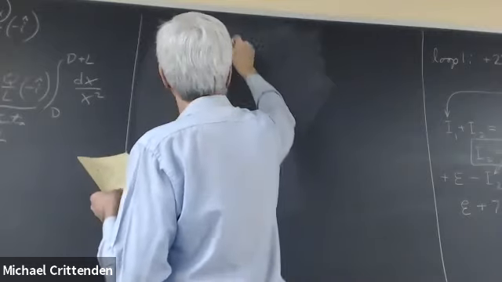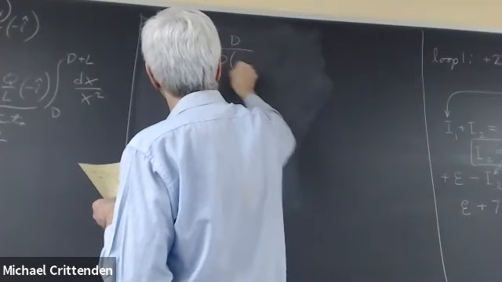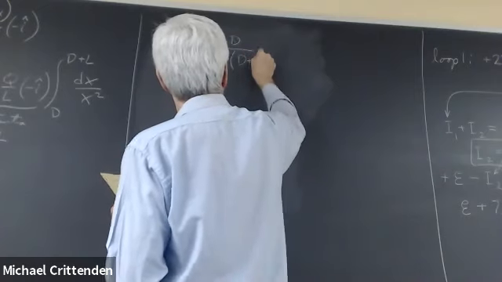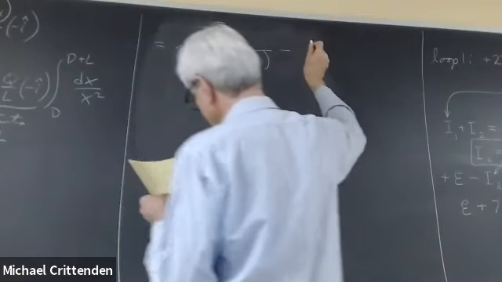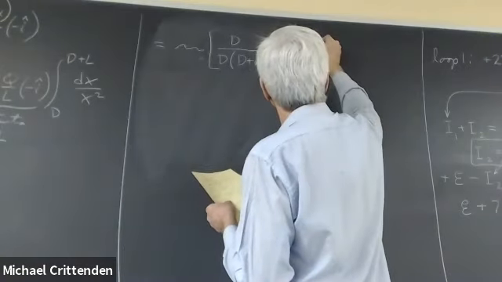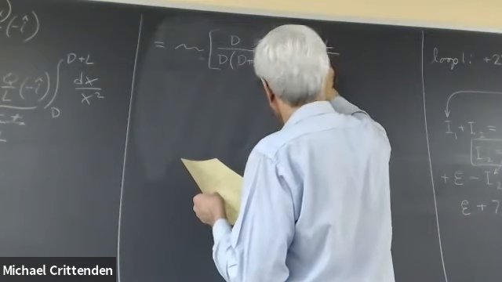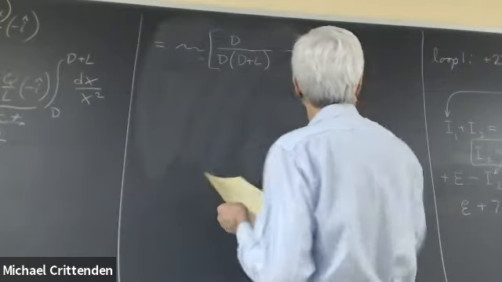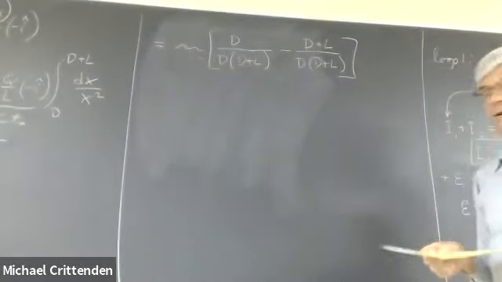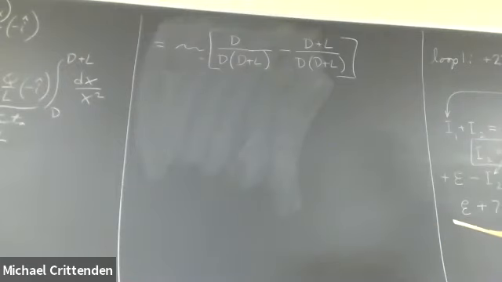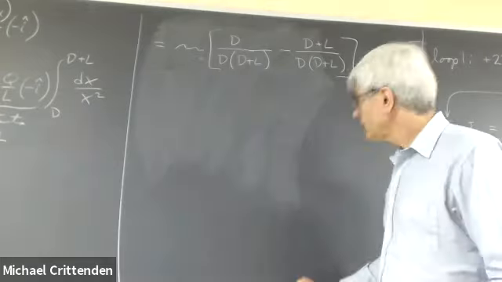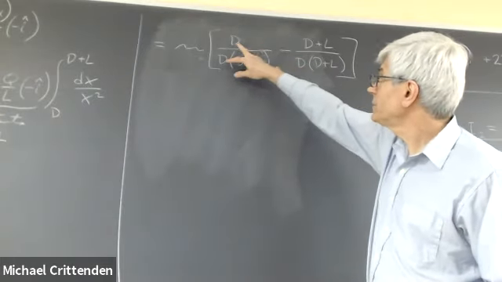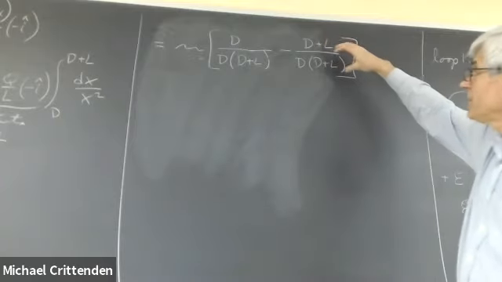And the common denominator with those two fractions would be d times d plus L. So stick on a factor of d over d here, and d plus L over d plus L there.